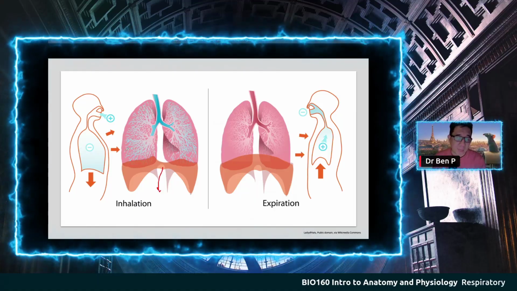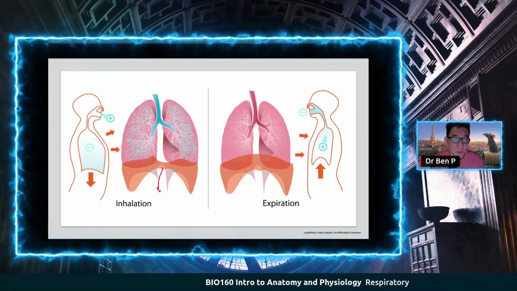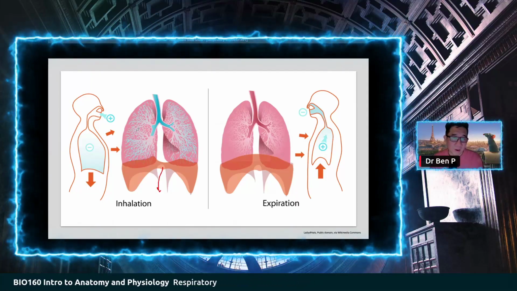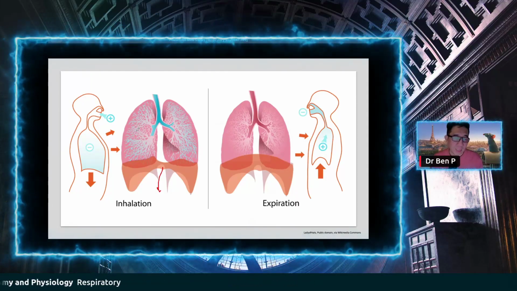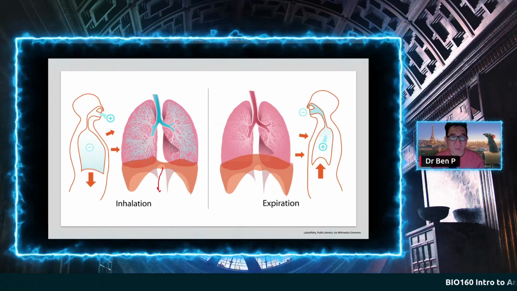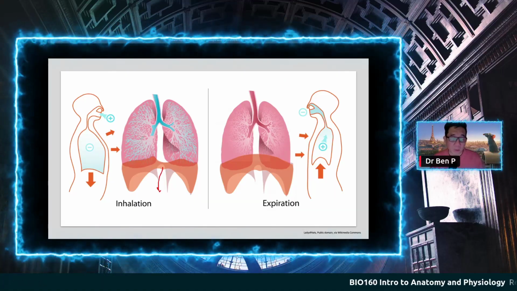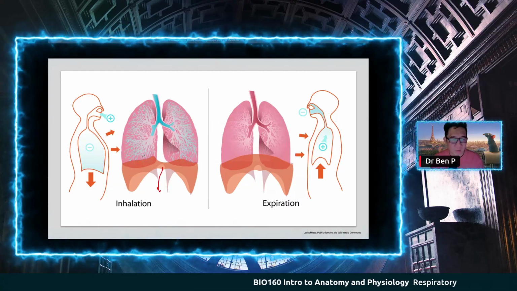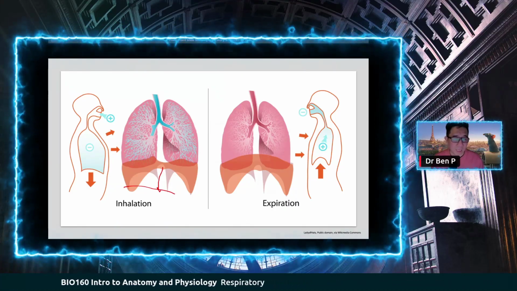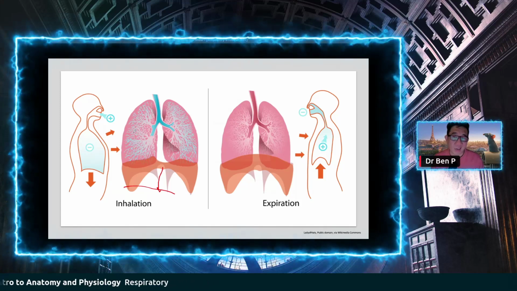Your lungs become bigger, and there's something called Boyle's law, which means that volume and pressure are inversely proportional. When the volume goes up, the pressure goes down. When the volume of the lungs increases, the lungs become bigger, then the pressure inside your lungs becomes lower.